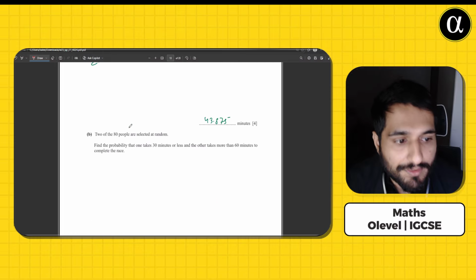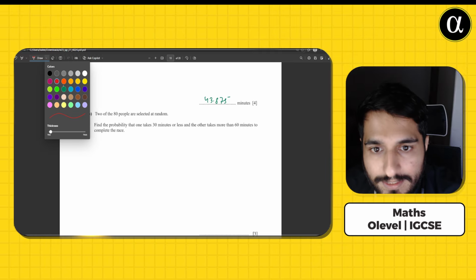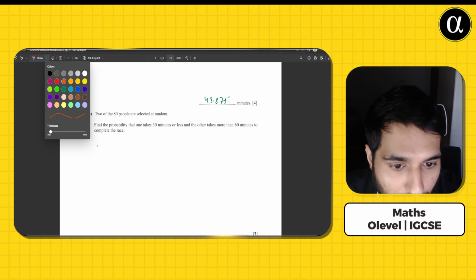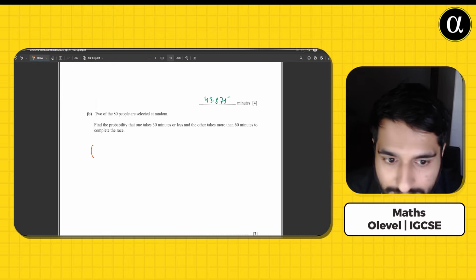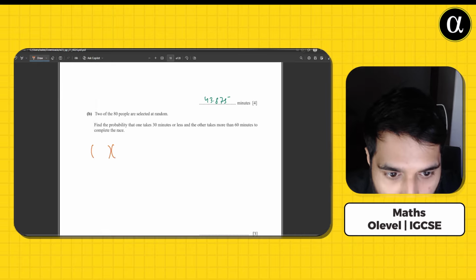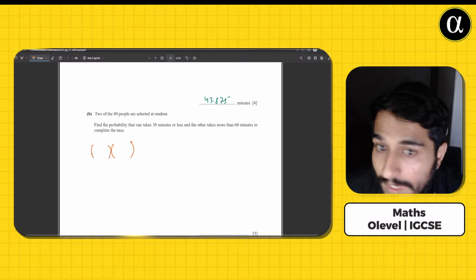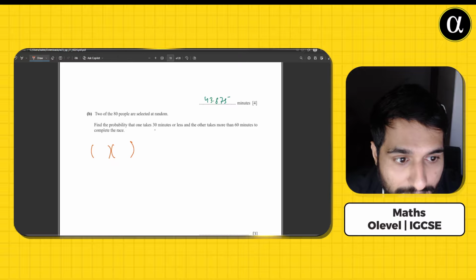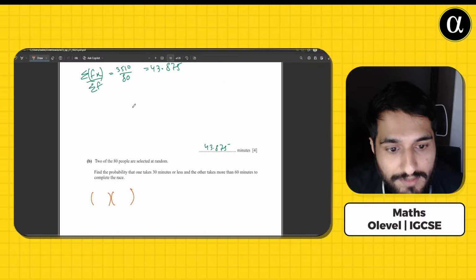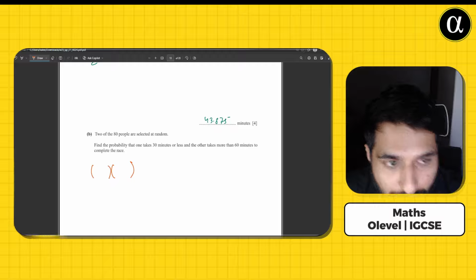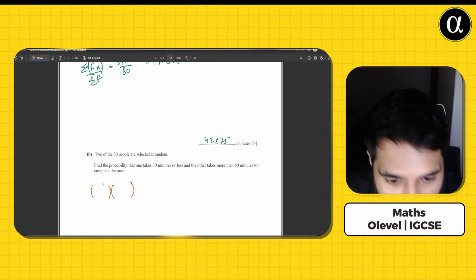Now, if we have a look, what this means is that the probability should be calculated in a way that if, let's suppose, two people are selected at random, we find the probability of both and multiply it with 2. Now what's the first probability? The first probability is 30 minutes or less, so the people for 30 minutes and less is going to be 20 over 80.